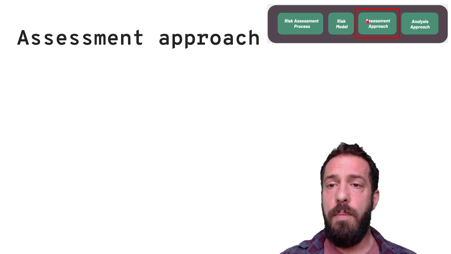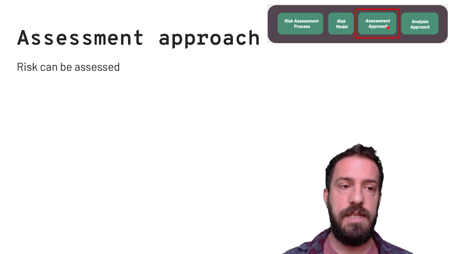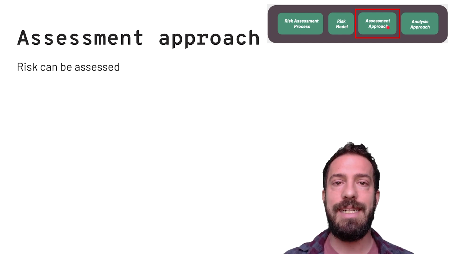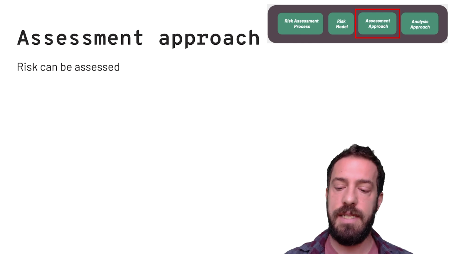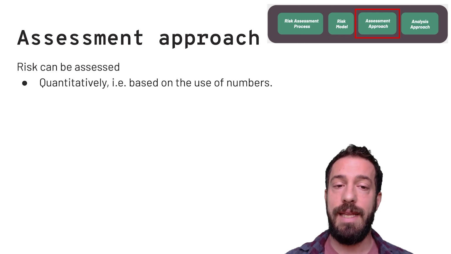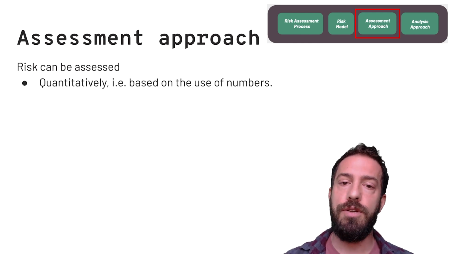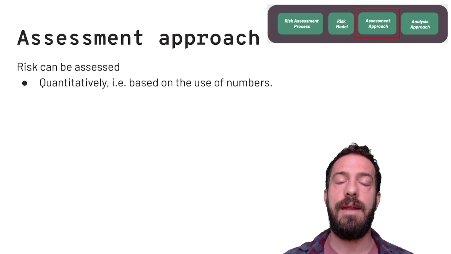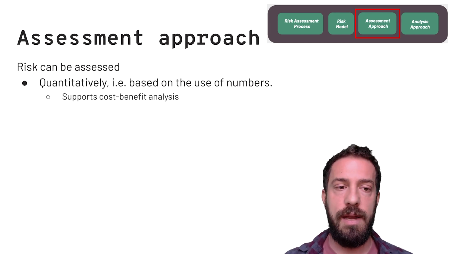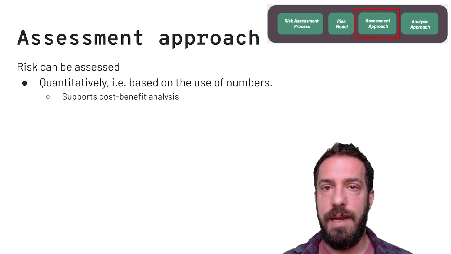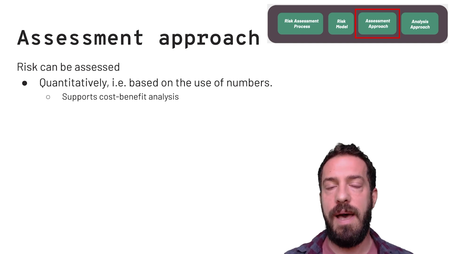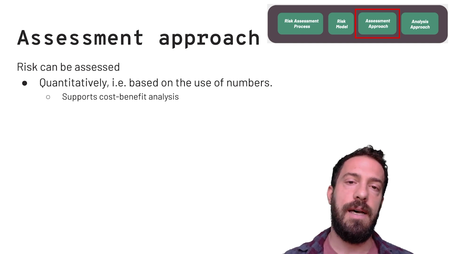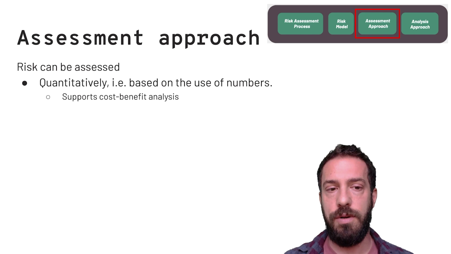So the other component of risk assessment will be the assessment approach. This is how you can assess a risk, because a risk can be assessed in different ways. One can be quantitatively, meaning you use numbers, like risk number one is 9, you can have a grade from 0 to 10, and you say 10 is something bad, like high risk, 0 means very low risk or no risk.